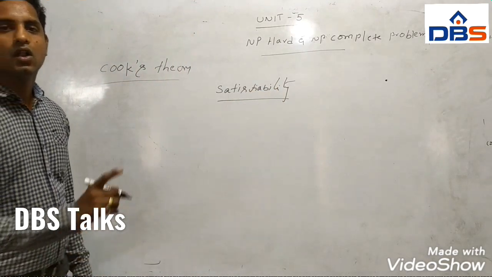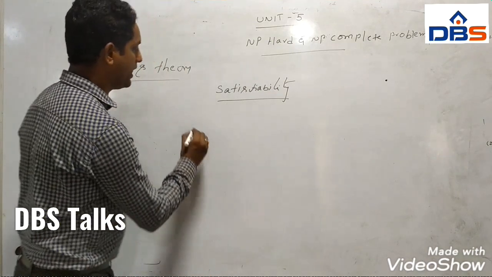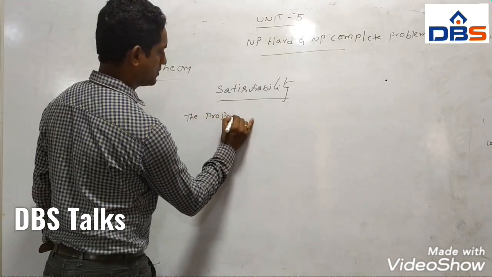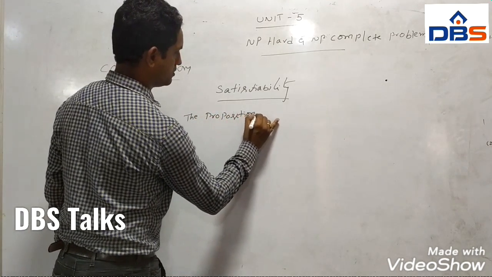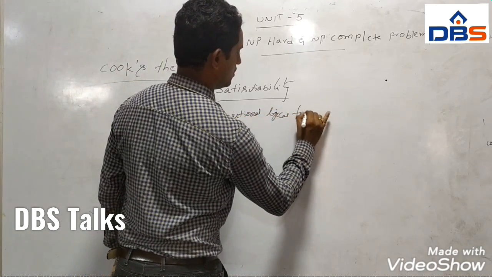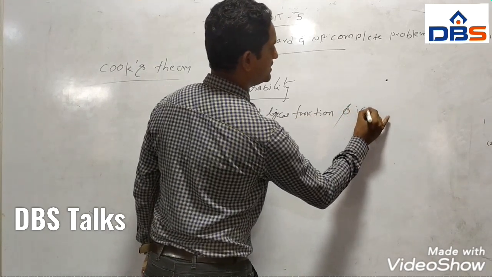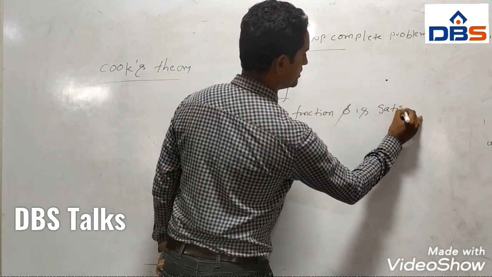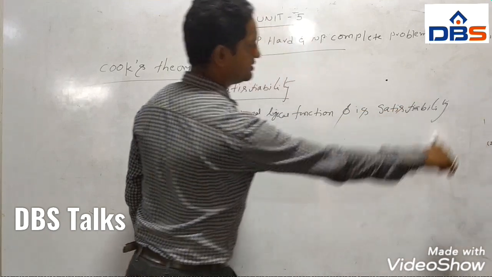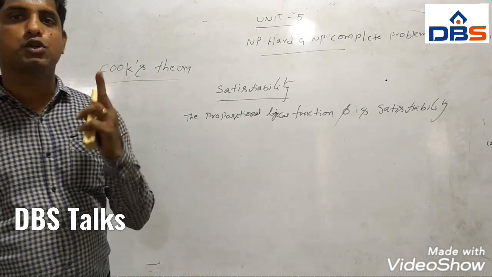That is, the propositional logical function phi is called satisfiability. In the satisfiability problem, there are two types.